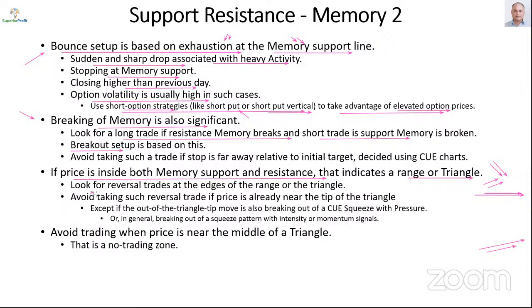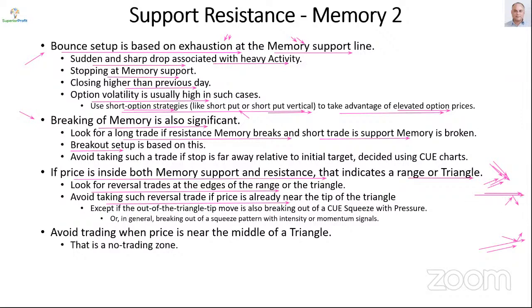If it is inside a triangle, then look for reversal trades at the edges of the range of the triangle. Avoid taking such reversal trades if price is already near the tip of the triangle. So if our triangle is very tapering like this near the tip, we'll not try to take a reversal trade near the tip, but we may take a reversal trade from the second case where we are not near the tip.